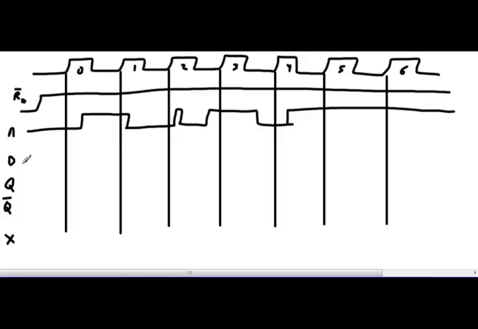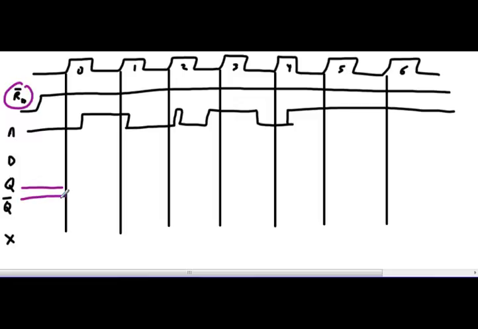So D is going to be low because of the R naught guy. And it's going to stay low until potentially the first guy there. Okay, and the Q, well, no, I don't know what the D is. I have no idea what the D is. But I do know that the Q is low and the Q naught is high. I know that. All right, now I've got to figure out what is X.